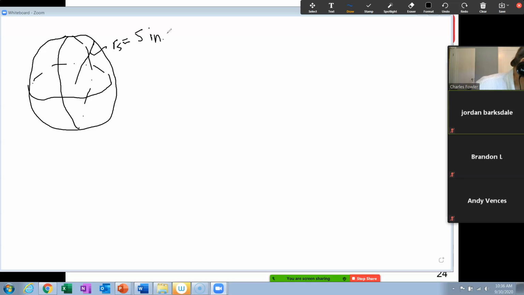Manufacturer drills a hole through the center of a metal sphere of radius 5 inches, as shown in the figure, in my drawing. The hole has a radius of 3 inches. So here comes the hole that he's drilling, and it has a radius of 3 inches. Okay, and it's on the back side here.